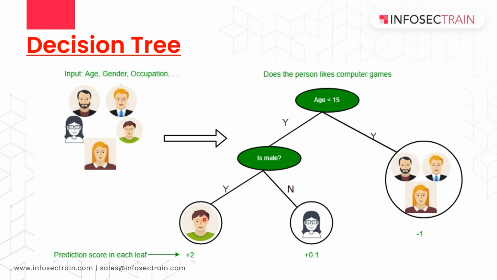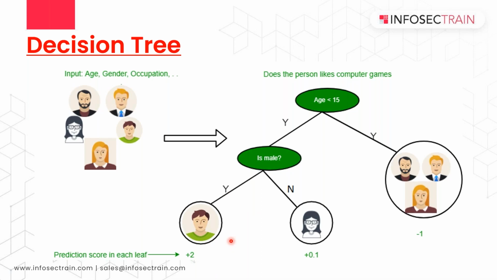If male, yes, they like computer games. If the person is female, they also like computer games, but not as much as males do. So this is how you approach the decision tree.